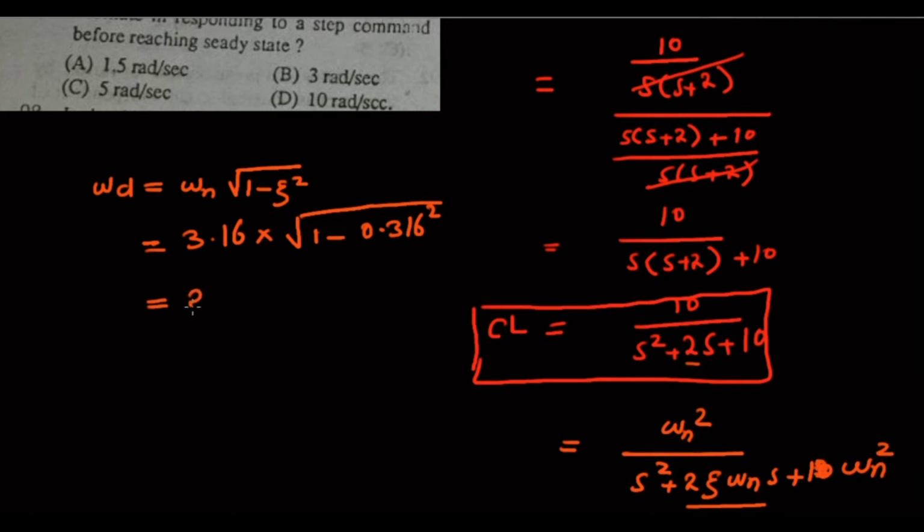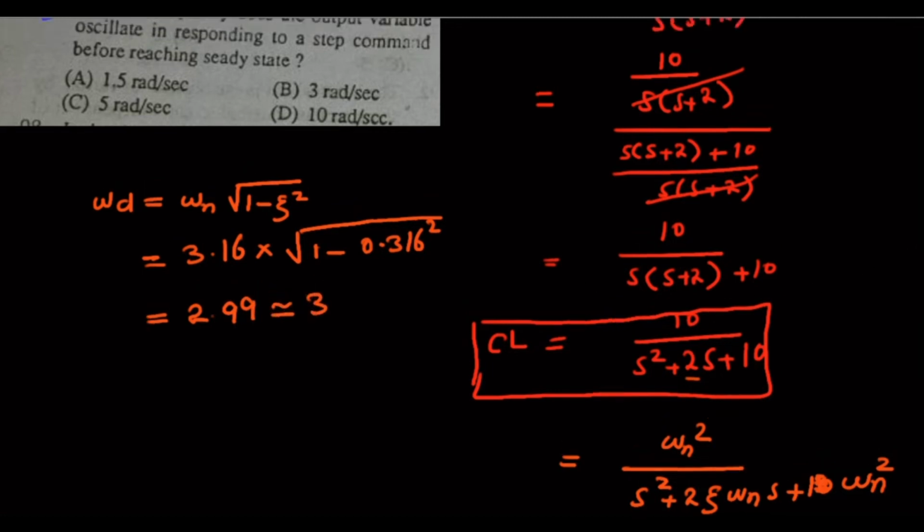Multiplying these numbers, we get the result 2.99, which is approximately 3. So the correct answer is 3 radian per second.